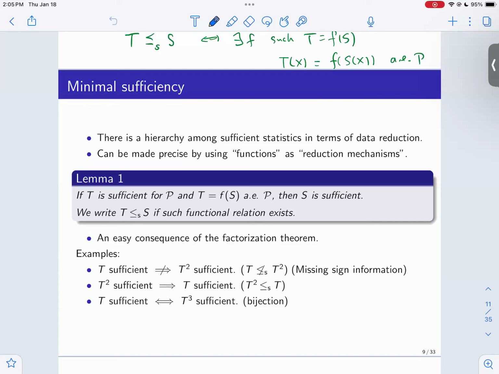We're going to ignore this part for the majority of the discussion. This simply means that t can be written as a function of s.